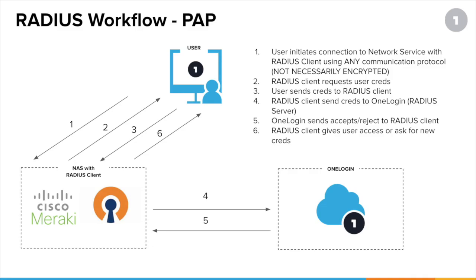Obviously, OneLogin is going to accept or reject it, depending upon whether the credentials are correct or not. And we go all the way back through. If they're rejected, obviously, again, asking for new credentials. But the key here is really not requiring any sort of encryption. Thus, PAP, not the best secure option.